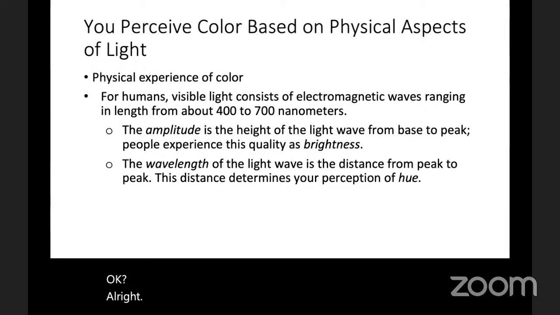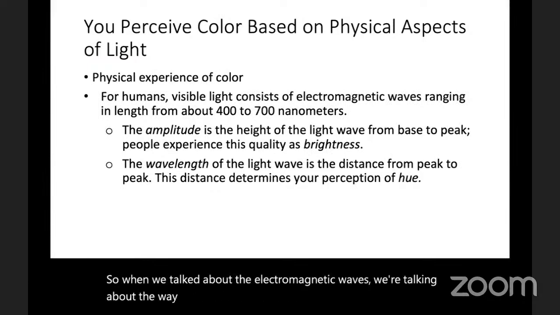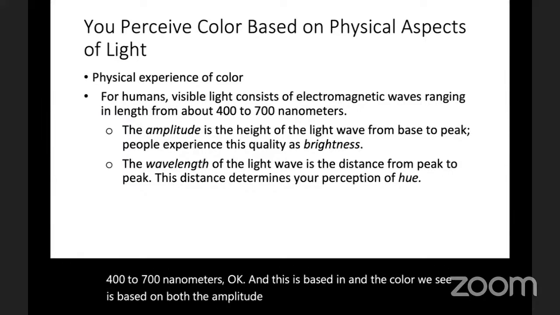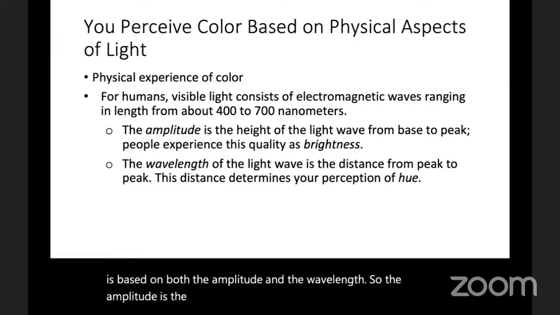So when we talk about the electromagnetic waves, we're talking about the waves that we can see, and we can see lengths from about 400 to 700 nanometers, okay? And the color we see is based on both the amplitude and the wavelength. So the amplitude is the height, the wavelength is the width of the wave, okay?